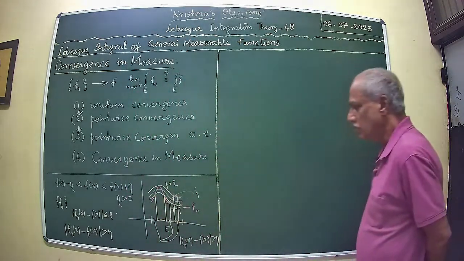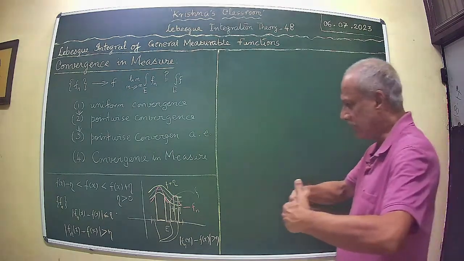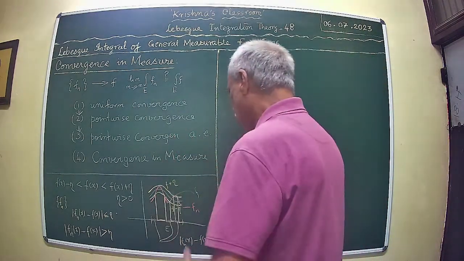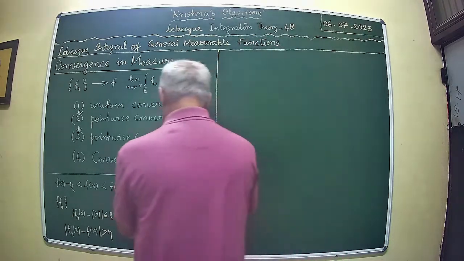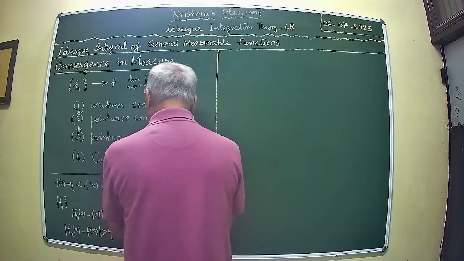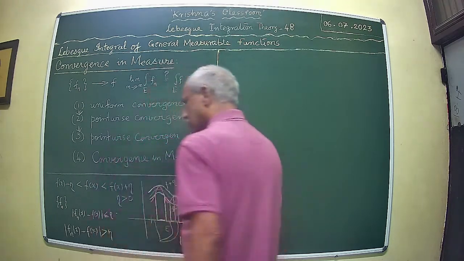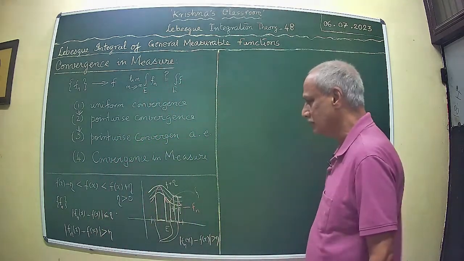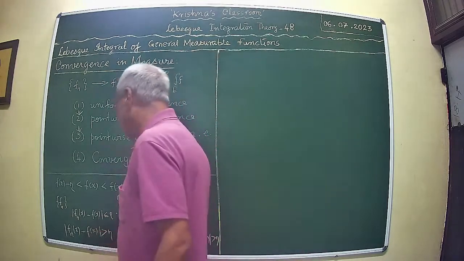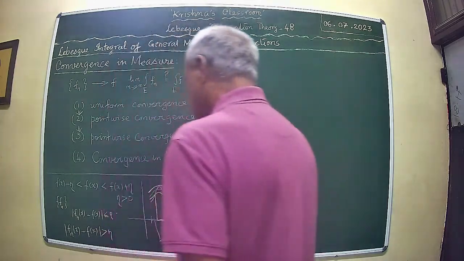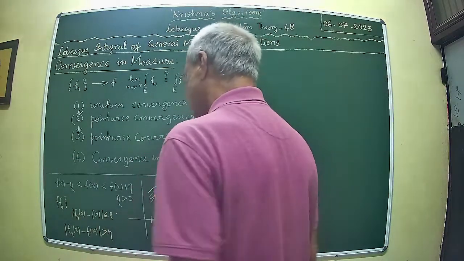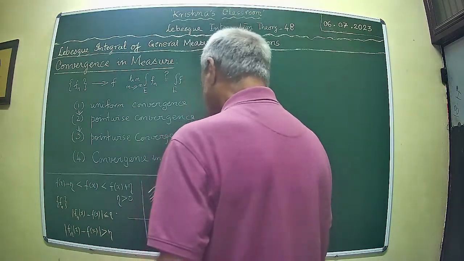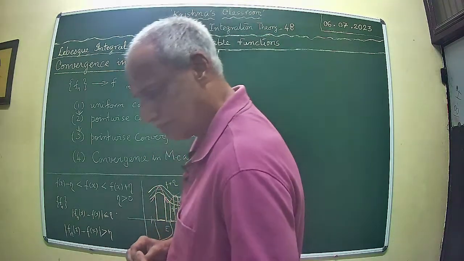So if fn converges to f, what happens is that the length of the region on which this is greater than eta, as n becomes large, will be decreasing.